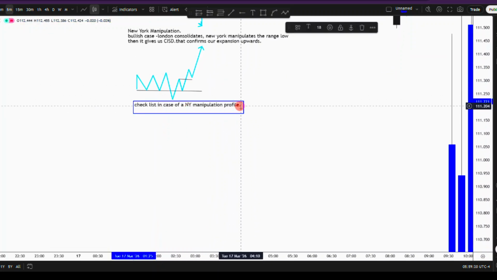So coming back, our checklist number 1: check how did the previous session behave, and in this case it is the London session.